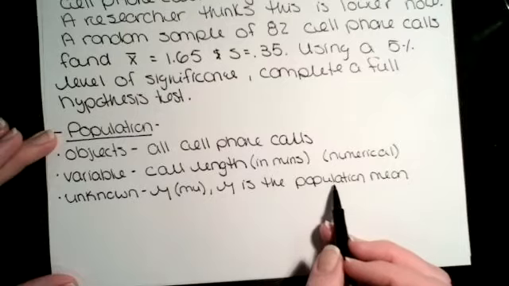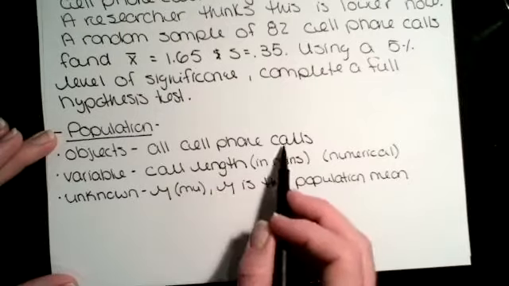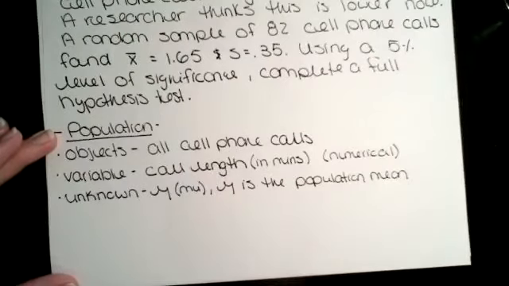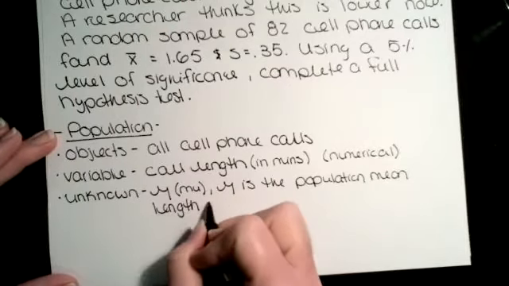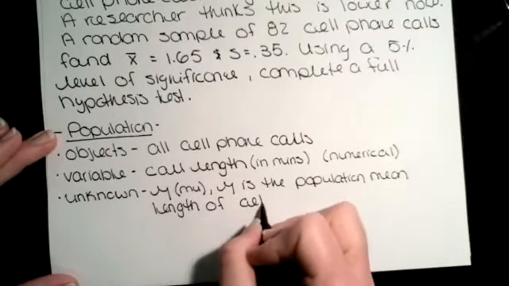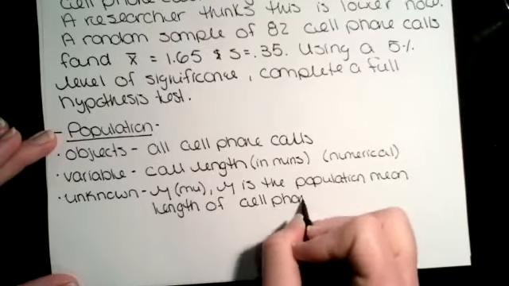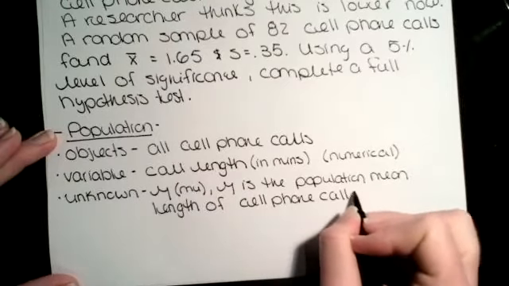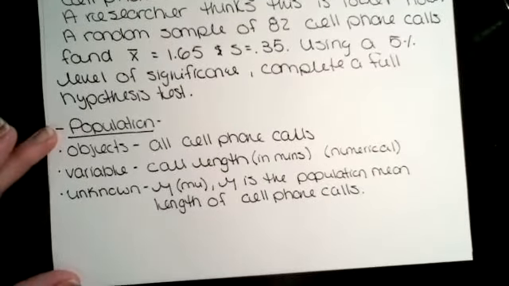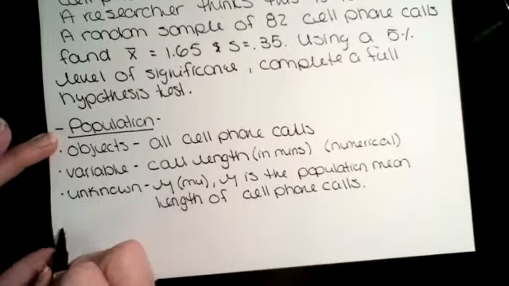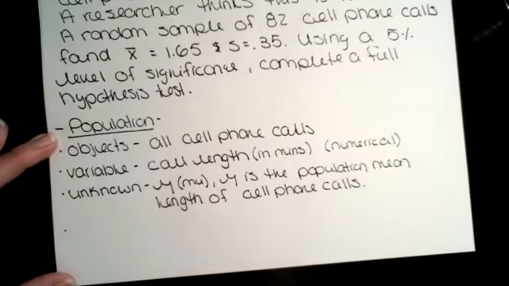I could say it's the population mean length of cell phone calls. So I word it different ways. So I'm just going to put length of cell phone calls. I want you to realize this is your work, right? This is your paper. You write it how you want to write it, how it sounds good for you, okay?